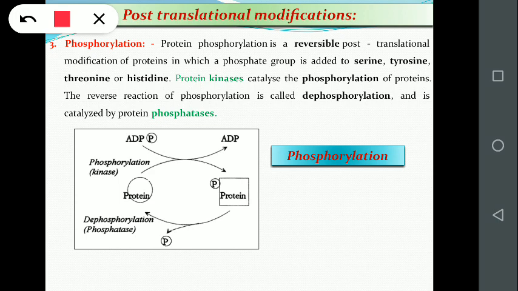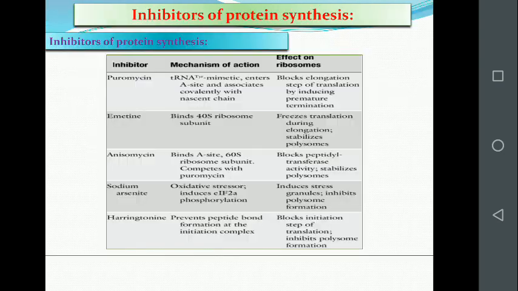When it is dephosphorylated, it becomes inactive. So the same enzyme will be in active form once it is phosphorylated, and it will become inactive once it is dephosphorylated. That phosphorylation and dephosphorylation is the key to switch on and switch off those kinds of enzymes based on the cellular need. This is phosphorylation.